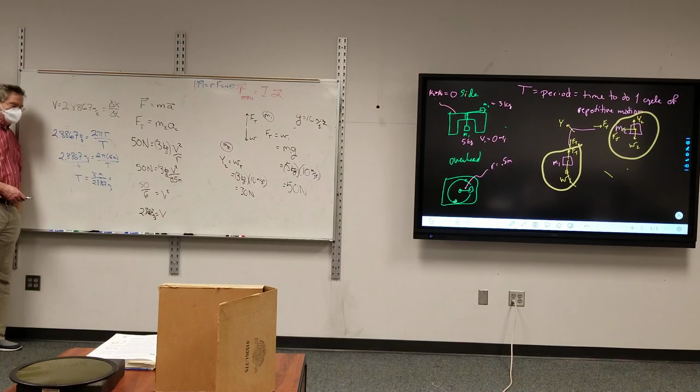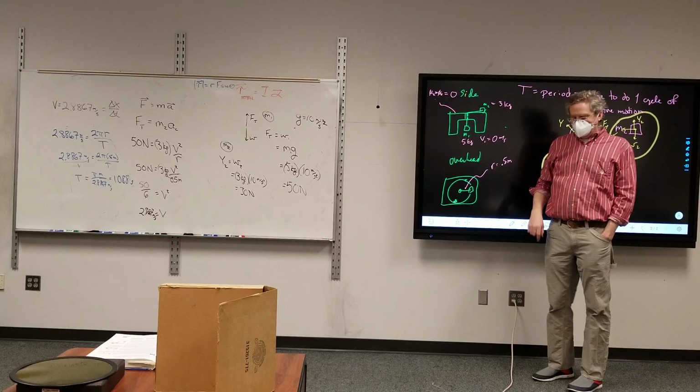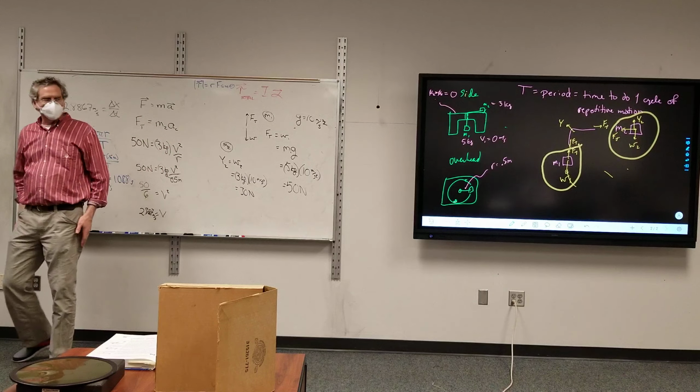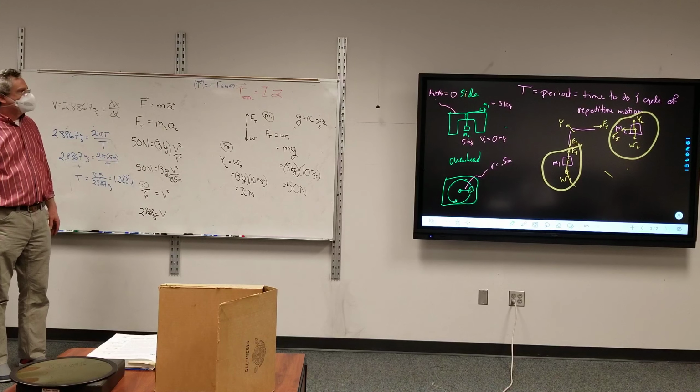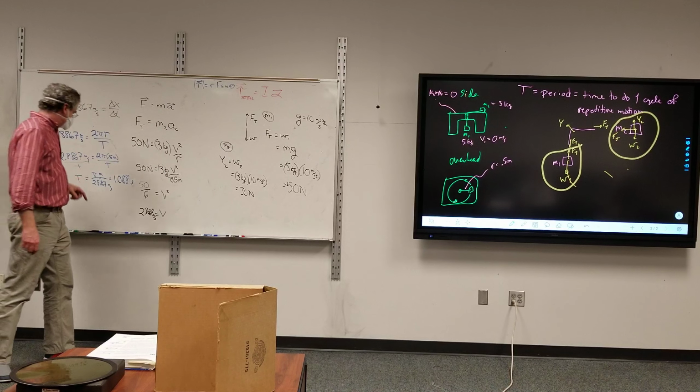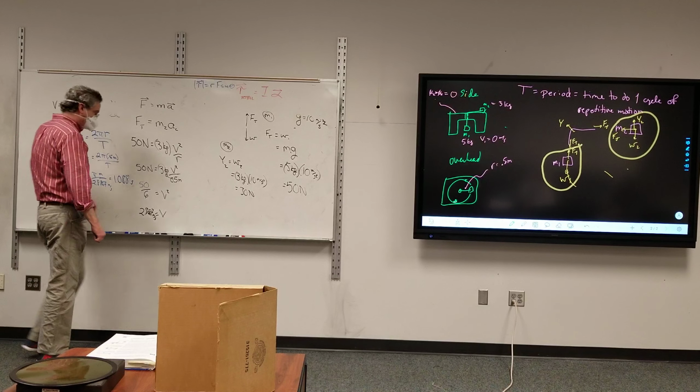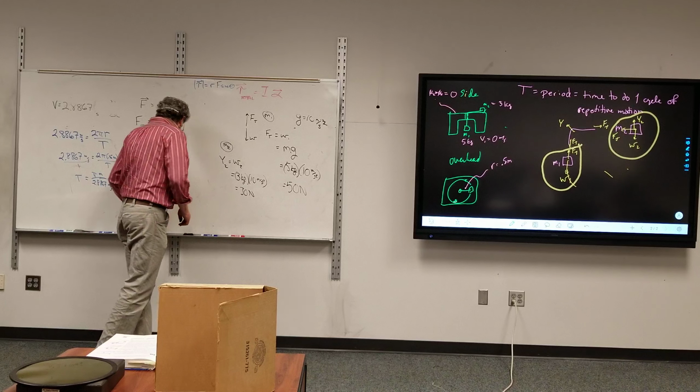Mass 1 would go down. Yeah, mass 2 pulled towards the center. Absolutely. So that gets pulled to the center, that falls. Matter of fact, well, we'll at least start out on the other problem.